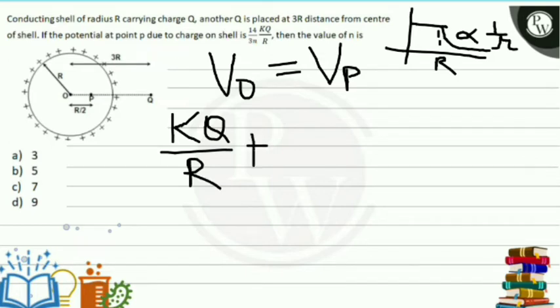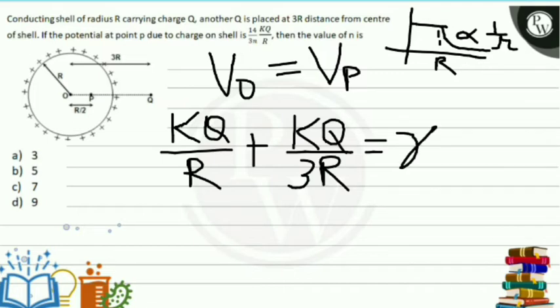Plus the potential due to this external charge capital Q, so we write K, the external charge capital Q, by the distance from the center of the shell, which is 3r. So kq by r plus kQ by 3r is equal to, now let us assume that the potential due to this spherical shell at point P is x, right?